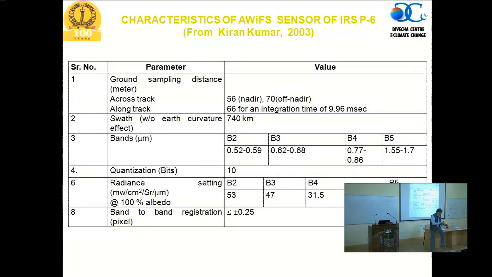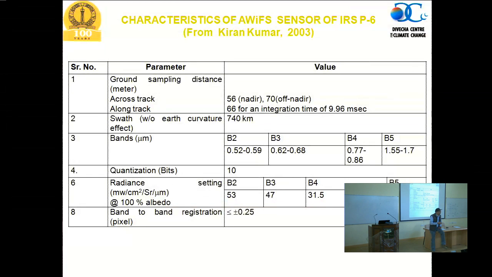The wet season started; if you start in May and come in July and August, the entire snow is melted, so your study is meaningless. So you require very high temporal revisit.